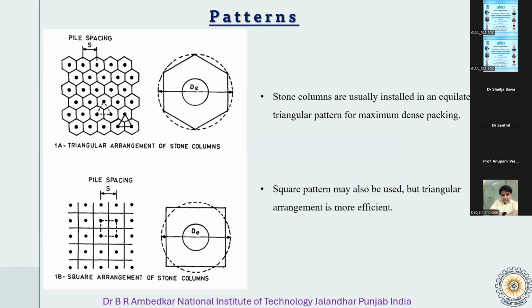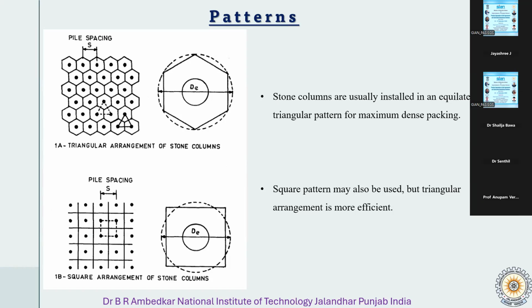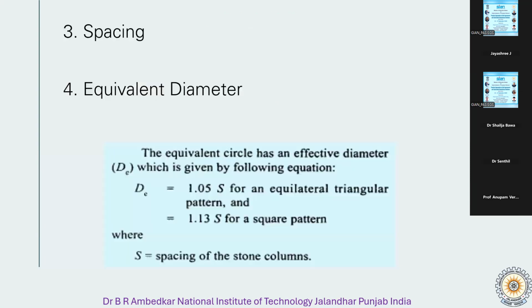So this hexagon can be closely approximated by an equivalent circular area having the same total area. Then the diameter of that circle is known as the effective diameter, DE, and it is generally 1.05 times the spacing for an equilateral triangle pattern and 1.13 times the spacing for a square pattern.